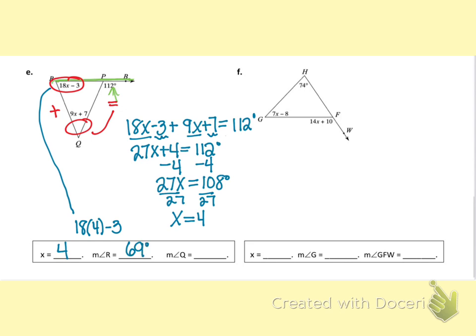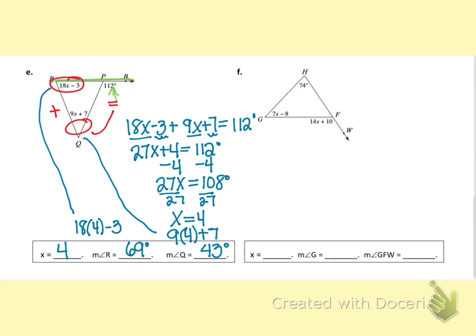And then to find angle Q, we're going to do the same thing, but we're going to use the 9x plus 7. So 9 times what we found for x, which was 4, plus 7. So 9 times 4 is 36, plus 7 is 43 degrees.